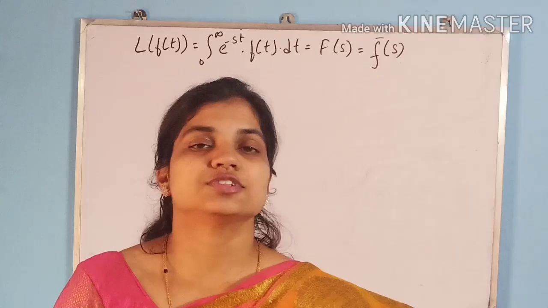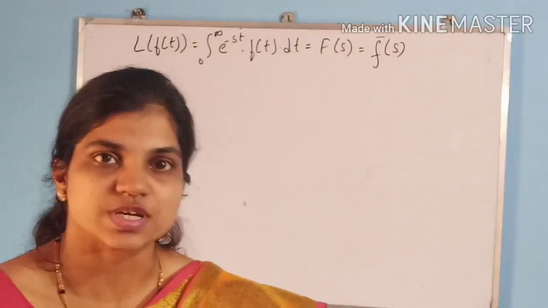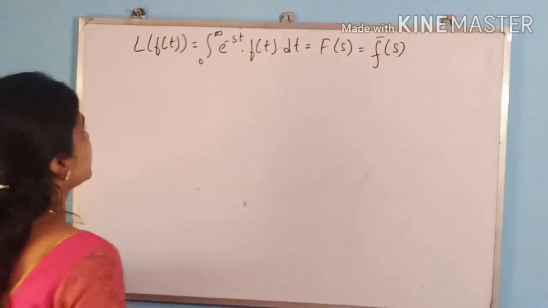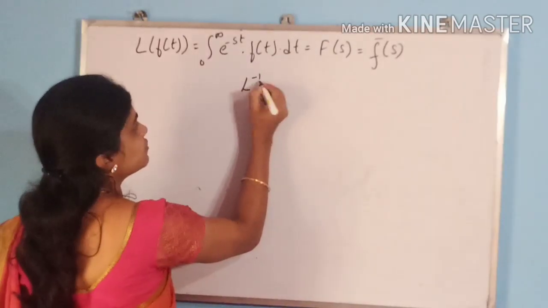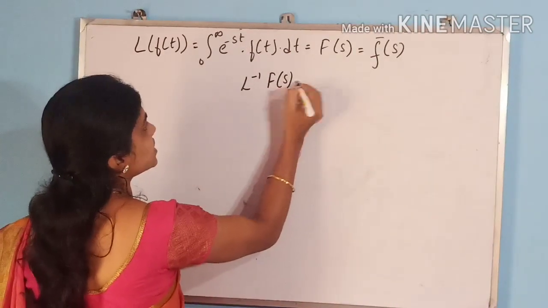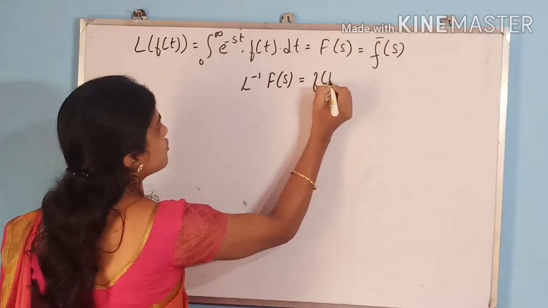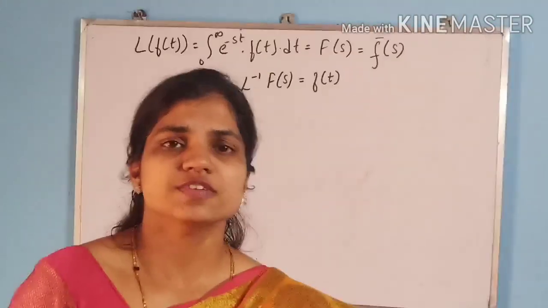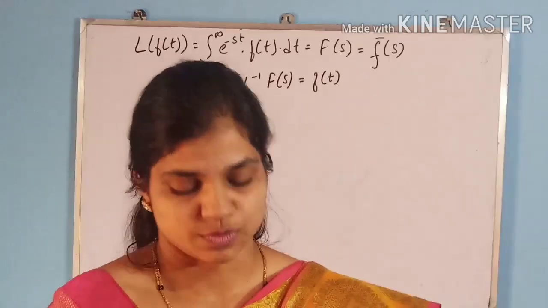When we define the inverse Laplace transform, we define it as the Laplace inverse of F of s is equal to f of t. So this is a simple definition of inverse Laplace transforms.